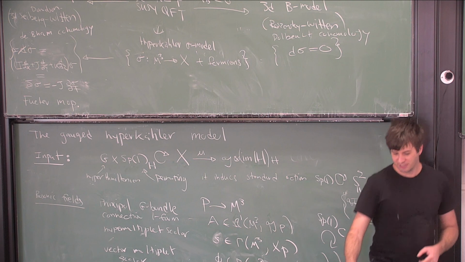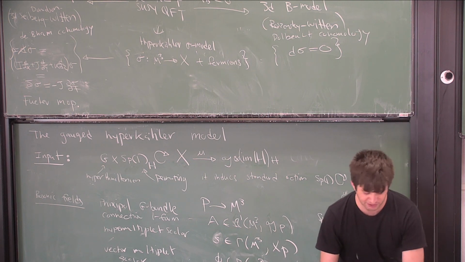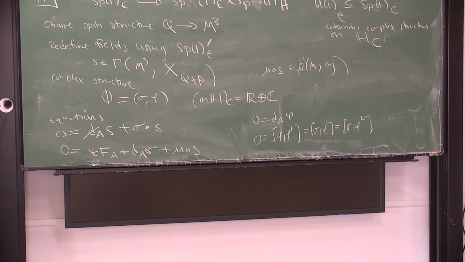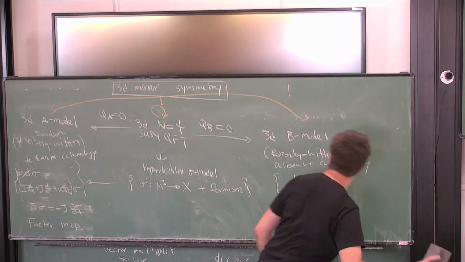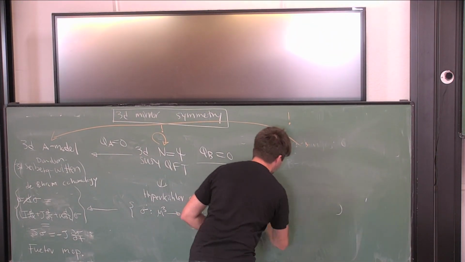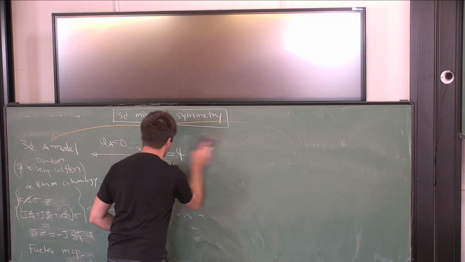Can I just say the B ones? It'll only take one second. I won't go through the whole procedure. So the B equations are actually very easy. The B equations are just the following.